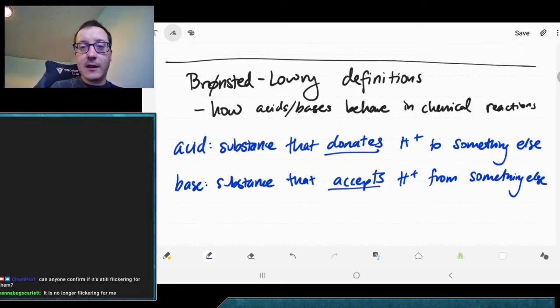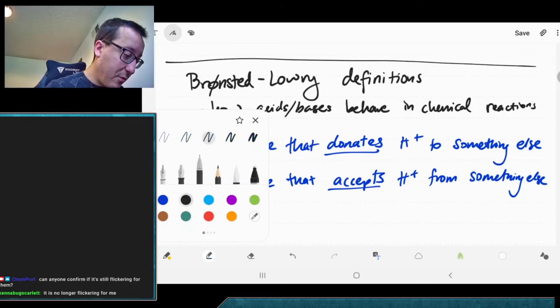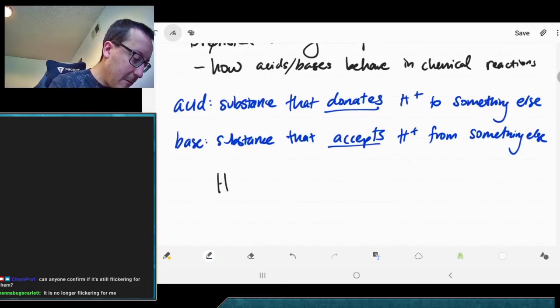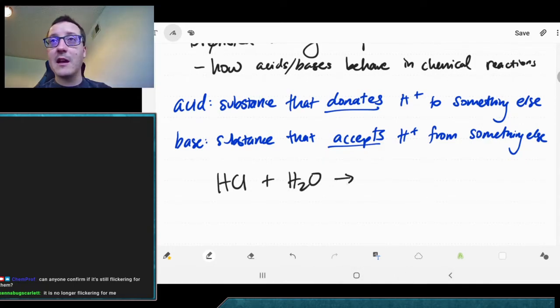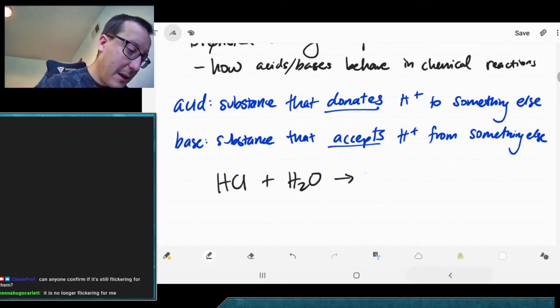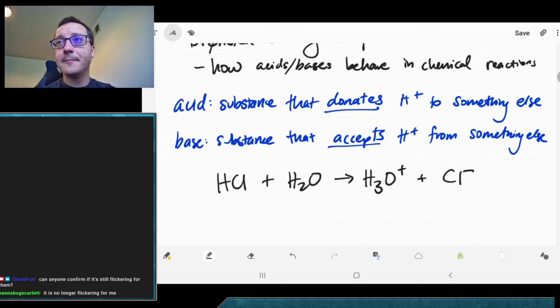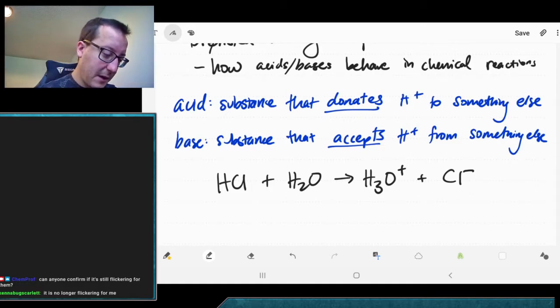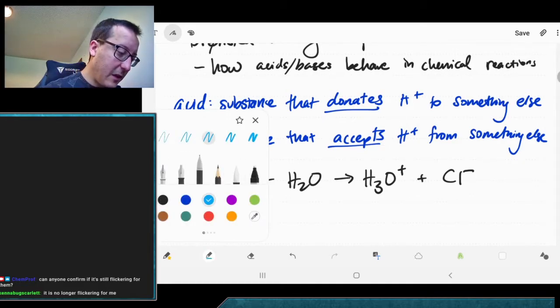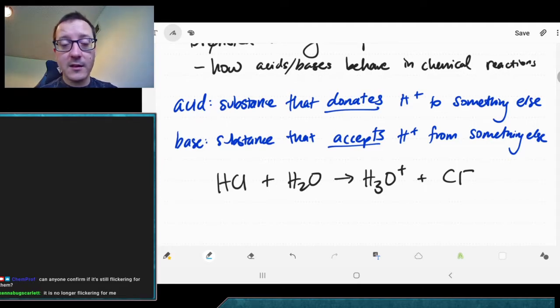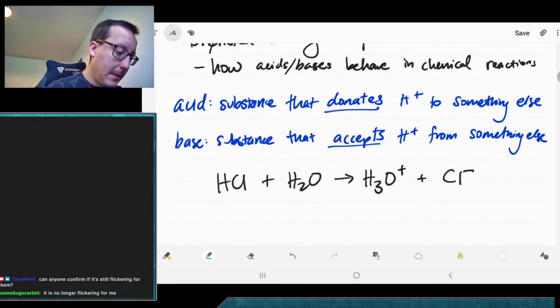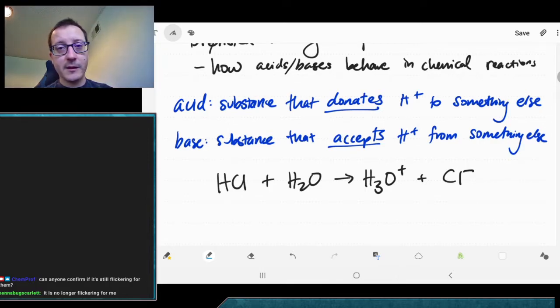And so this will actually still work with our previous reactions. If we take a look at that first one we did, we took hydrochloric acid, put it with water, and made hydronium and chloride. If we want to see which one's acting as the acid and which one's acting as the base, we look at the products and reactants.